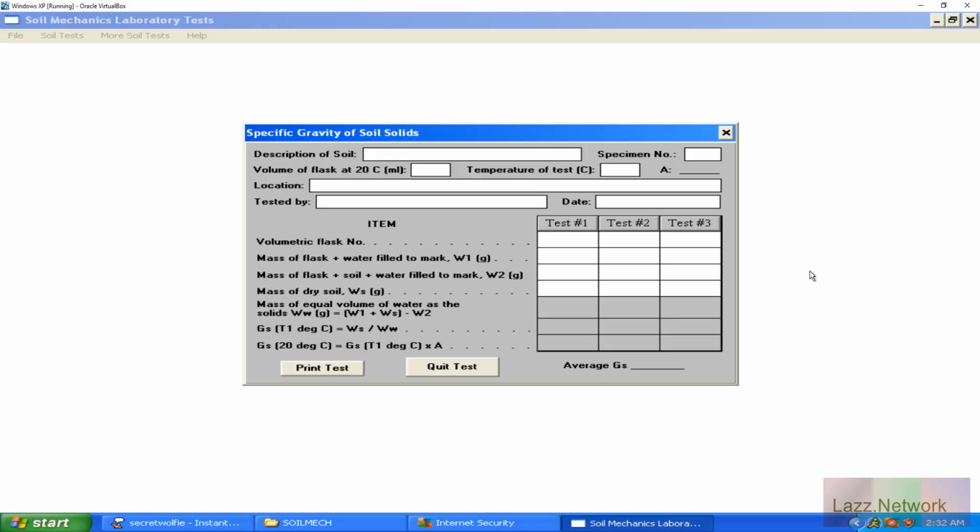So if it's still too warm, and you have your temperature gradient between, like I said, the 20 to 25 degrees Celsius, and it's currently at 27, well, you can't finish your test. You don't want to get ahead of that because you don't know what the pycnometer with the water weighs, because technically we're going to subtract that from the material of the soil that is inside the pycnometer with the water. That's why all that's very important.